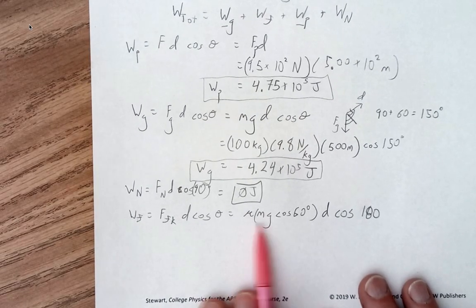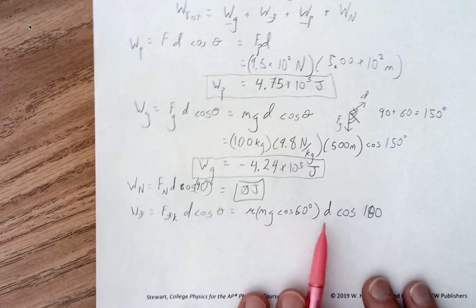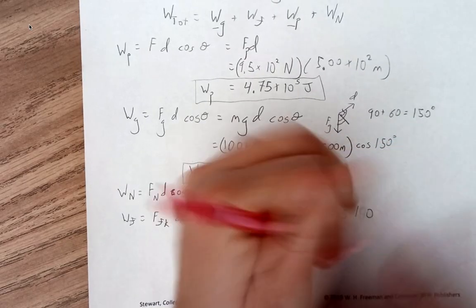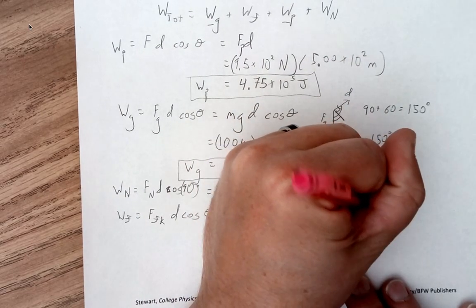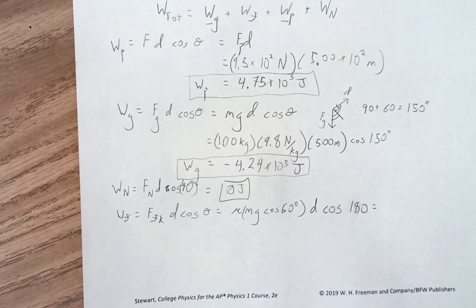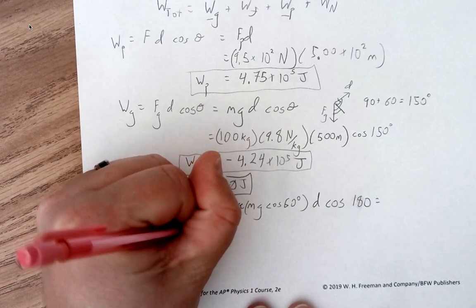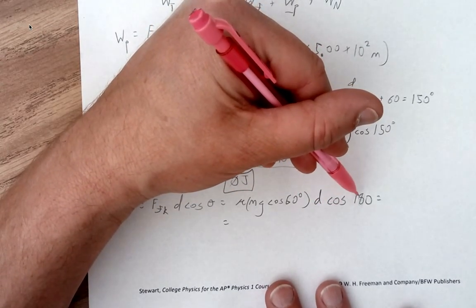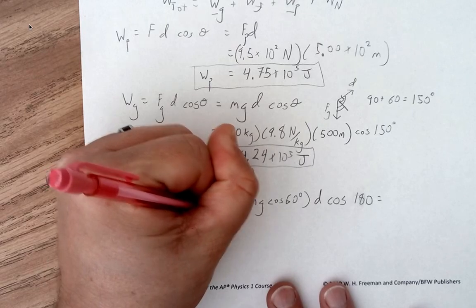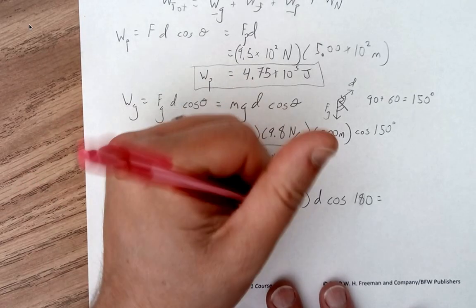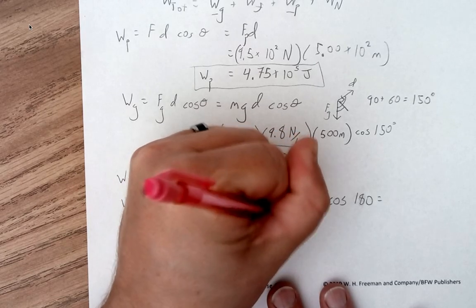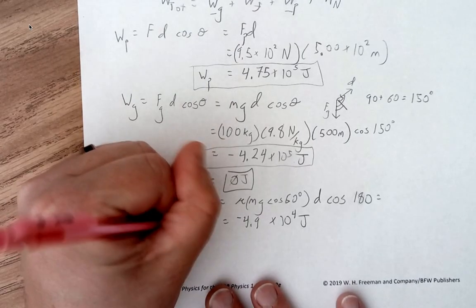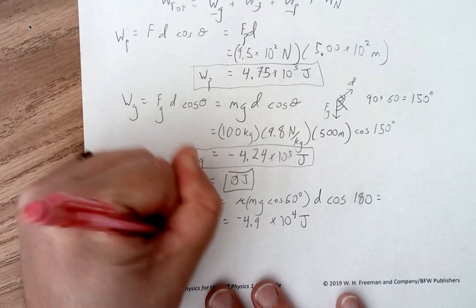So we have the force, which is mu times the normal, times this distance, times the cosine of 180. That's going to give us a negative value from the cosine of 180, and this will give us negative 4.9 times 10 to the 4th joules. So this is the work done by friction.